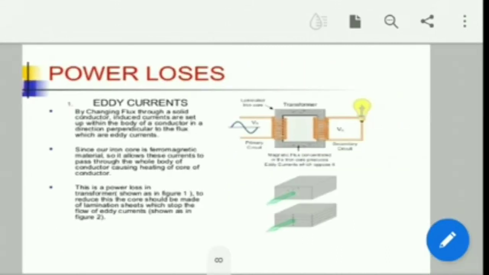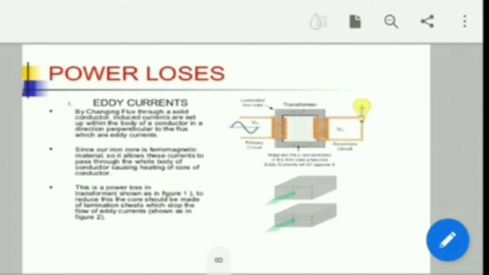Power losses. Eddy current. By changing the flux through a solid conductor, induced currents are set up within the body of the conductor in a direction perpendicular to the flux, which are eddy currents.